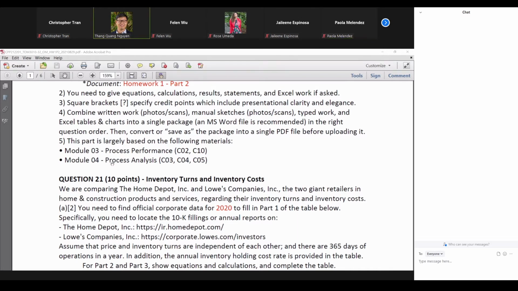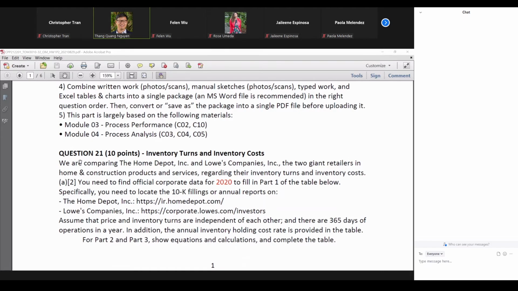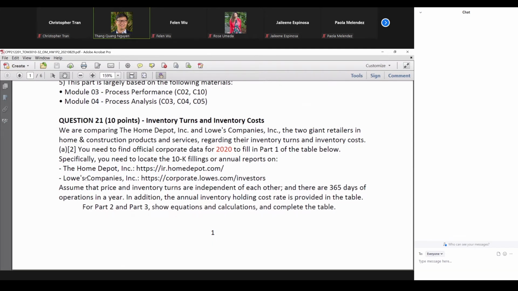All right, so let me go through this question 21 a little bit. So in class, right, we worked on the example about Walmart regarding the inventory turns and inventory costs. But for question 21, you need to work on Home Depot and Lowe's, right?